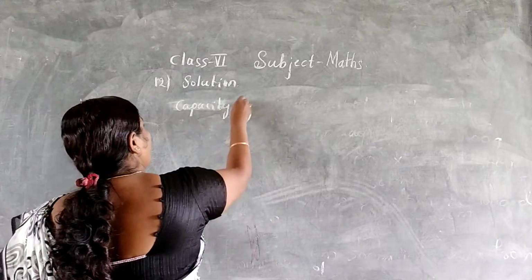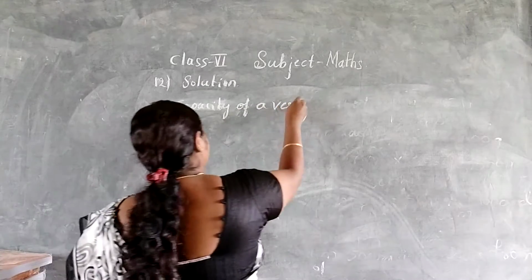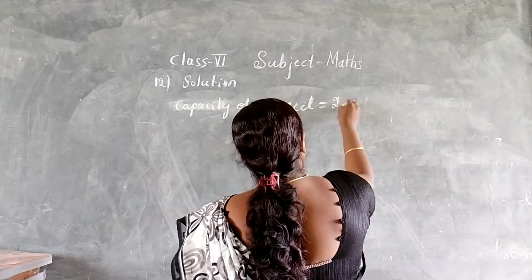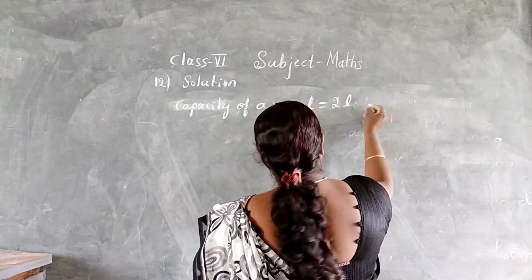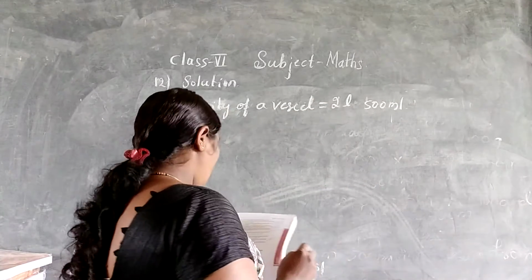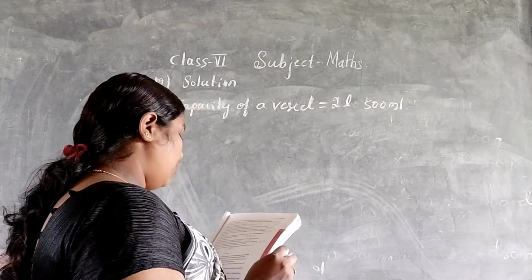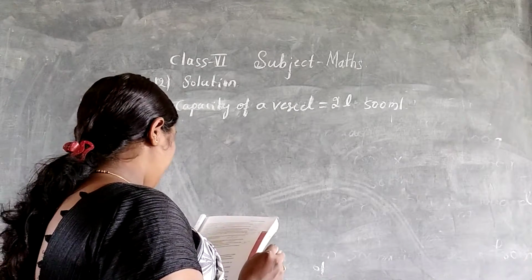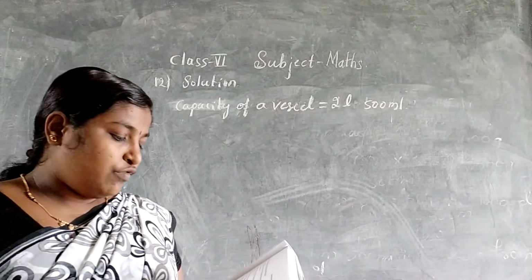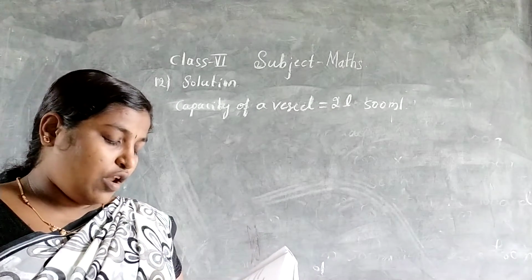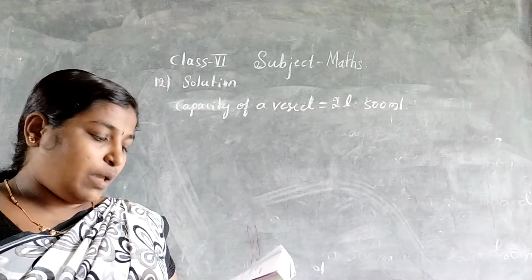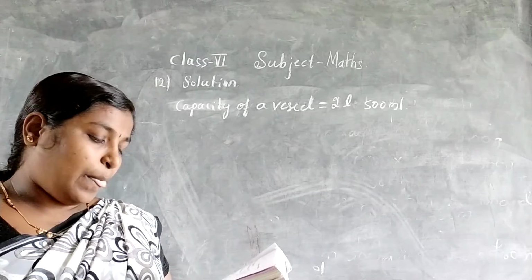Capacity of the vessel is equal to how much? 2 liter 500 ml. In how many glasses each of 25 ml capacity can be filled? Once again, the vessel has 2 liter and 500 ml of curd. In how many glasses each of 25 ml capacity can be filled?